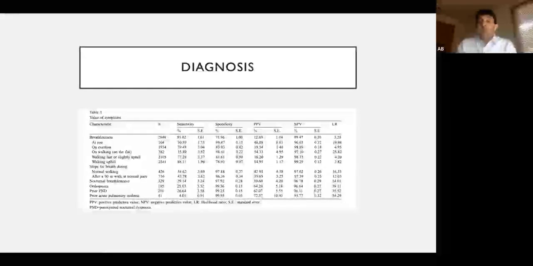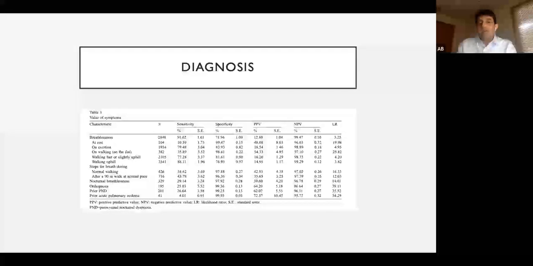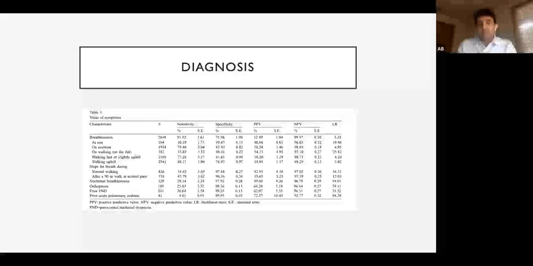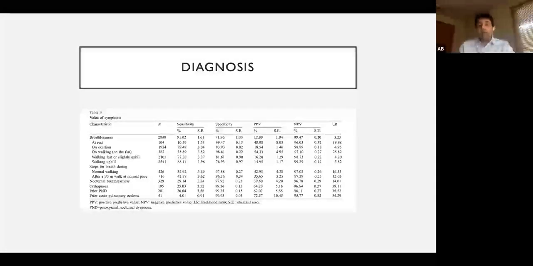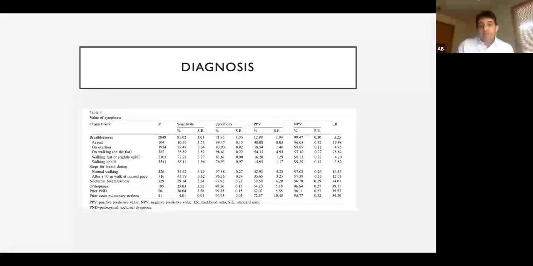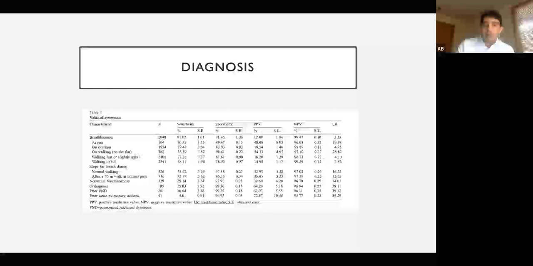Value of symptoms. The most predictive symptom of heart failure is, of course, shortness of breath, especially if they have paroxysmal nocturnal dyspnea, or obviously if they came to you with acute pulmonary edema, you think it's likely from a cardiac cause.